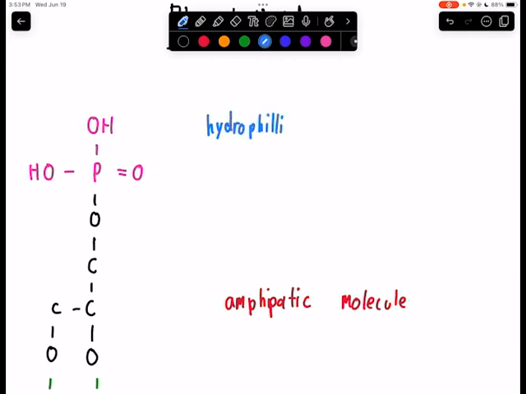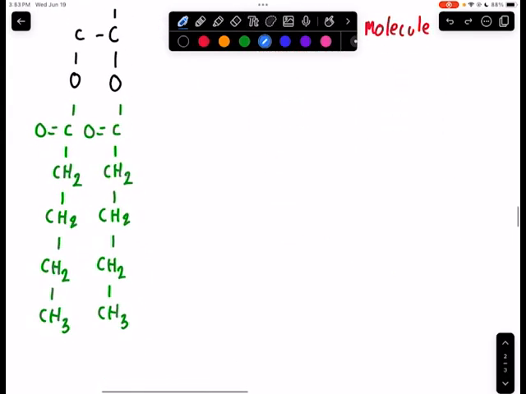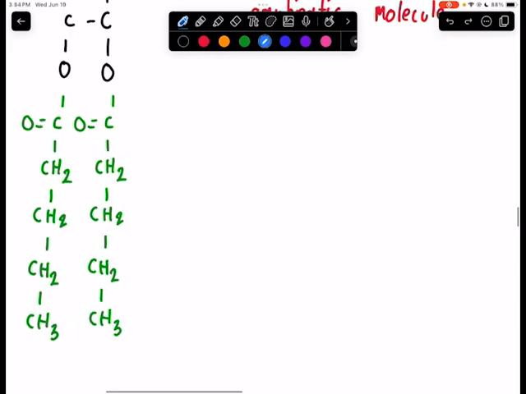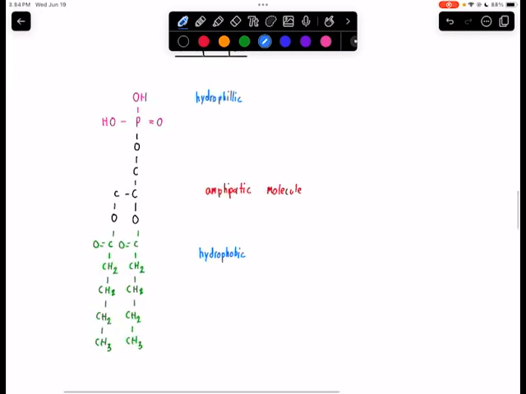This side loves water. It's a superpolar molecule. We have phosphate. We have a ton of oxygens. And this other side, we have all this stuff, right? And this side is a hydrophobic molecule because it's a lipid. It's a fatty acid chain. So this is hydrophobic.